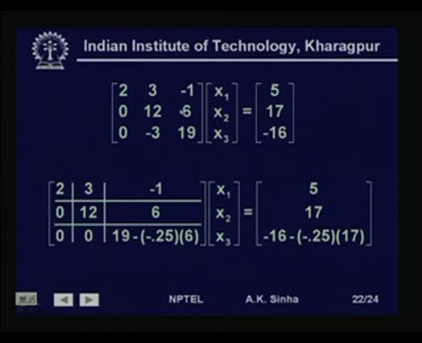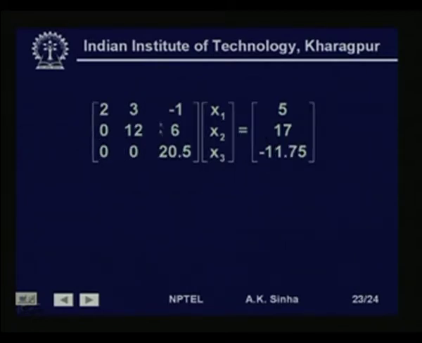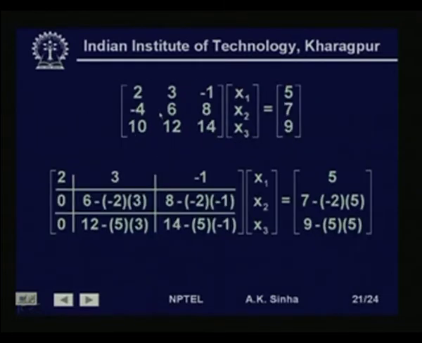So, this is 6, then this term is 0, this term is 12 minus 15. So, that is minus 3, and this term is 14 plus 5, that is 19.